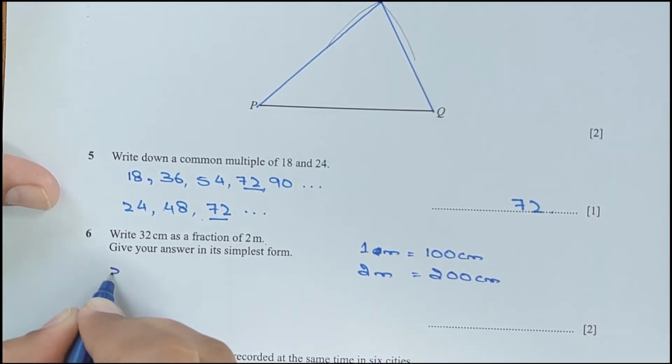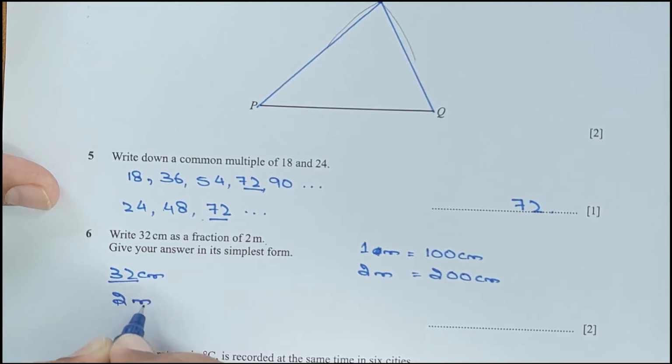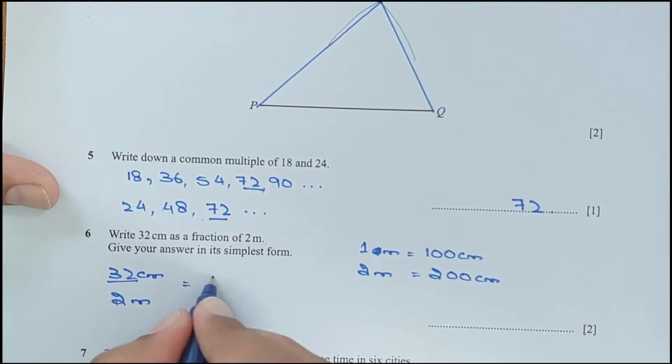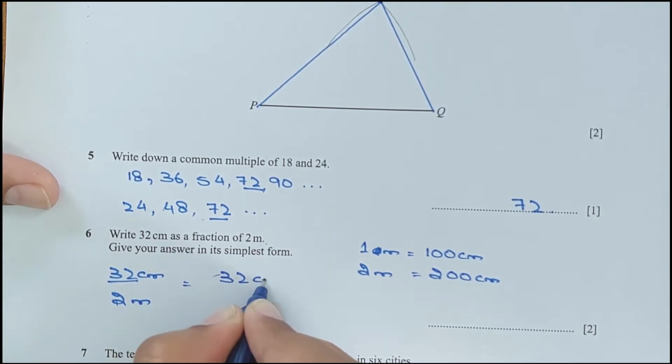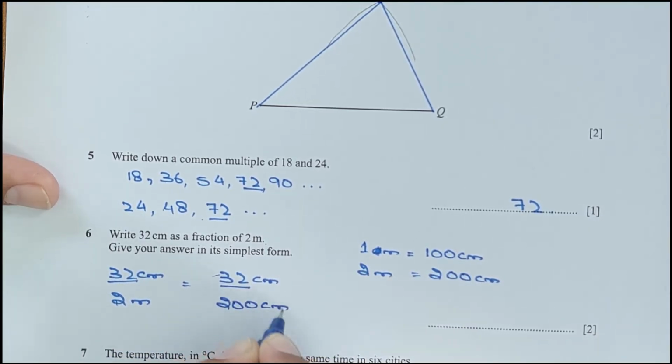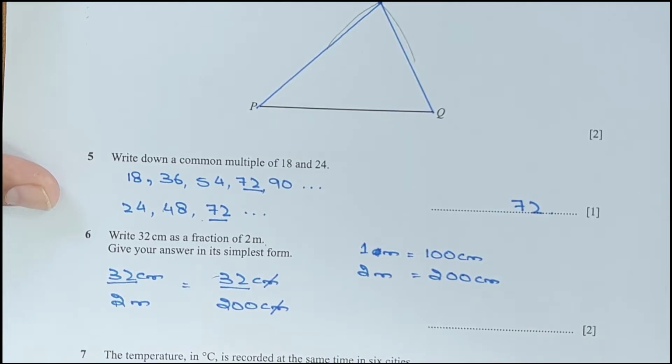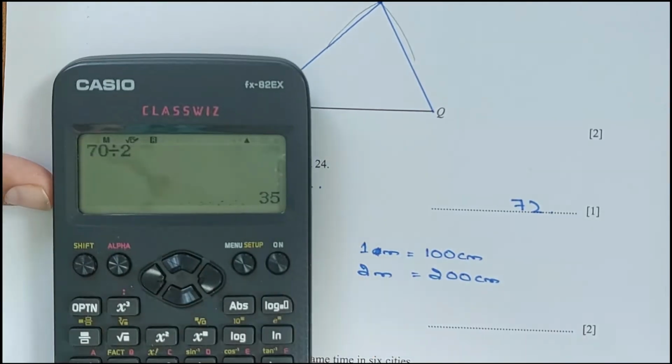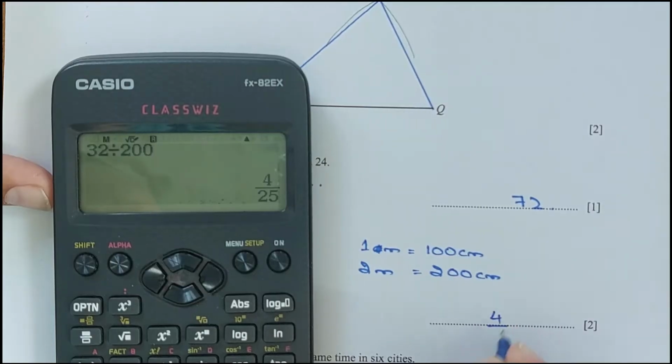So we can write 32 centimeters as a fraction of 2 meters, converting meters into centimeters, so 32 centimeters over 200 centimeters. Cancel the centimeters. Now in its simplest form, 32 over 200 is 4 over 25.